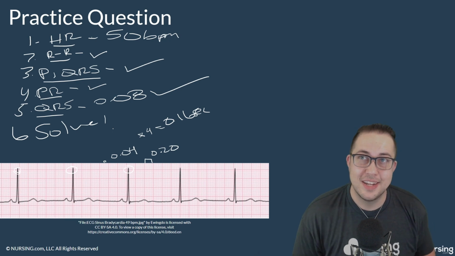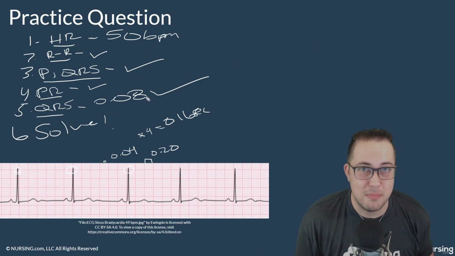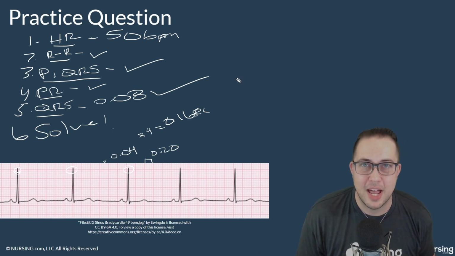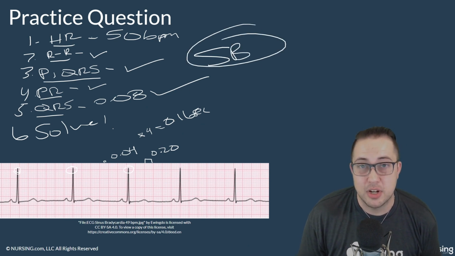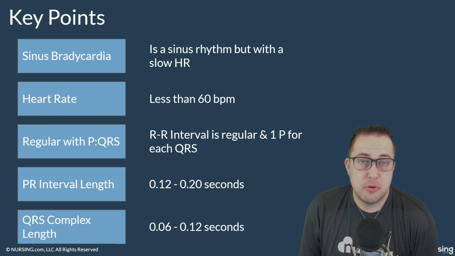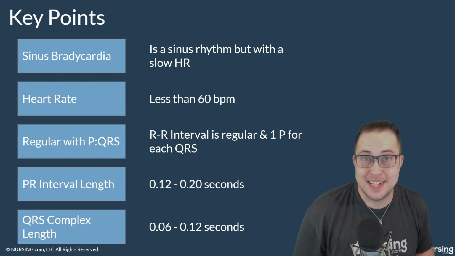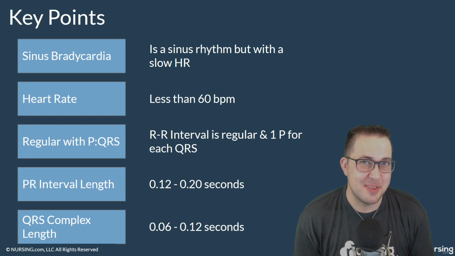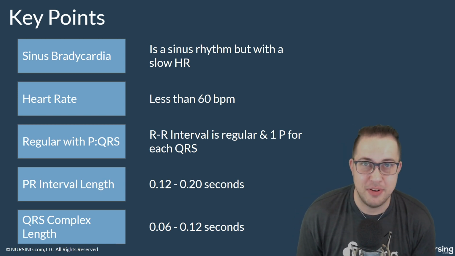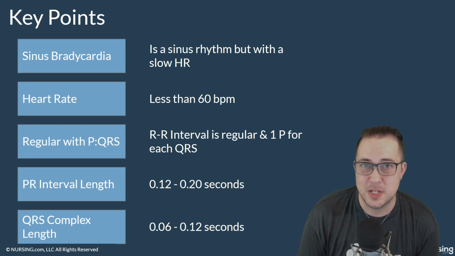And using this information that we have, this 6-step method, while looking at the strip that we have, we know without a doubt that what we're dealing with is sinus bradycardia. And so to summarize some of our key points surrounding sinus bradycardia, remember, sinus bradycardia is essentially normal sinus rhythm, but with a slower heart rate, specifically a heart rate less than 60 beats per minute.